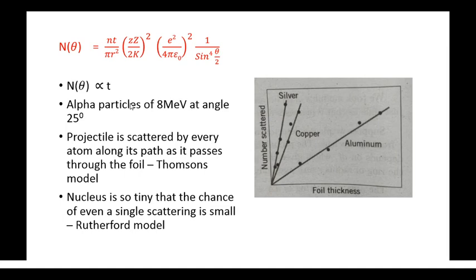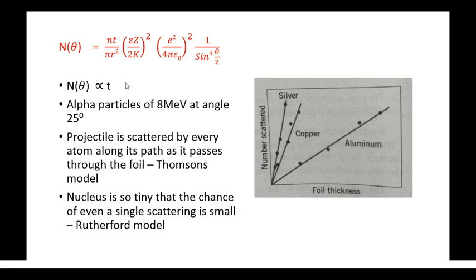But here you can see that they did the experiment with silver, copper and aluminium, and plotted the experimental values like this, and they found that as the foil thickness is increasing, the number scattered is also increasing.